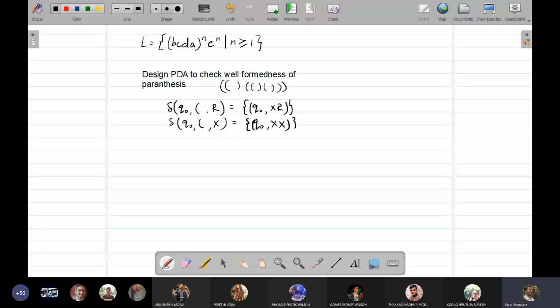In Q0, another opening bracket comes in. Stack top is X. We'll push X onto the stack. Here, we don't change the state because the order is not fixed.